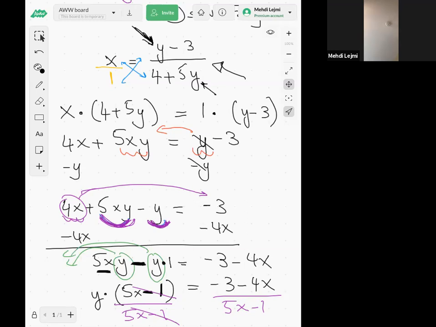If you have a fraction, one of the options is to cross multiply. But if you don't have a fraction, don't cross multiply. In the test, you should expect either a fraction or something else.